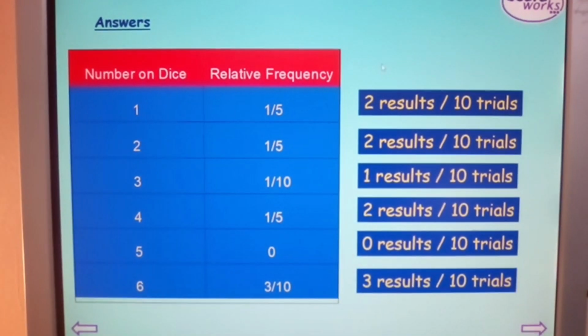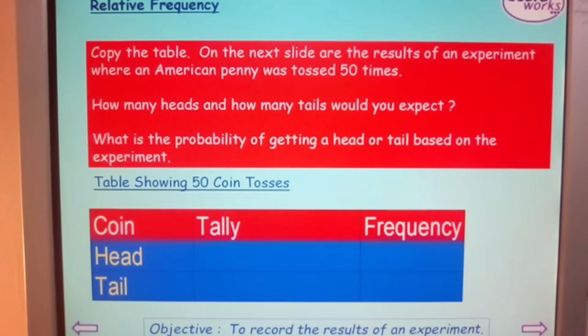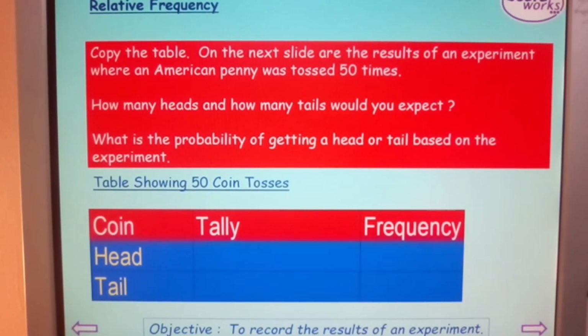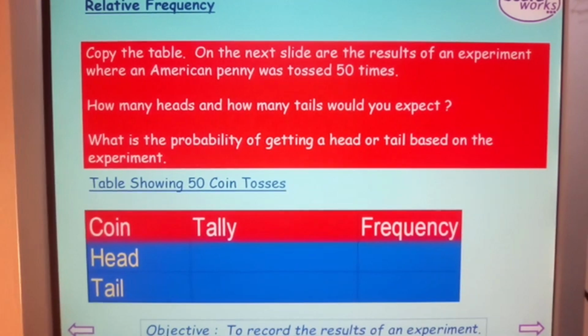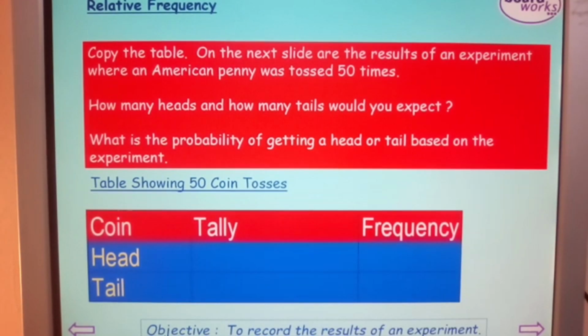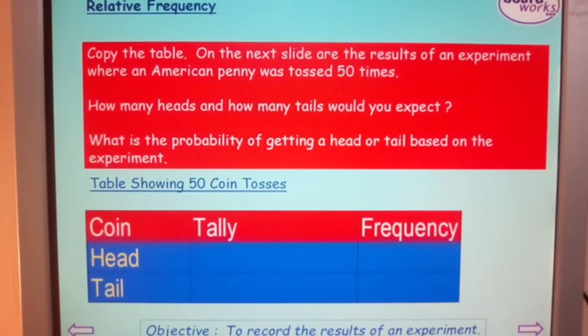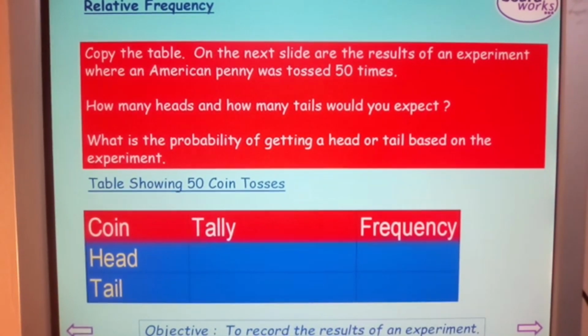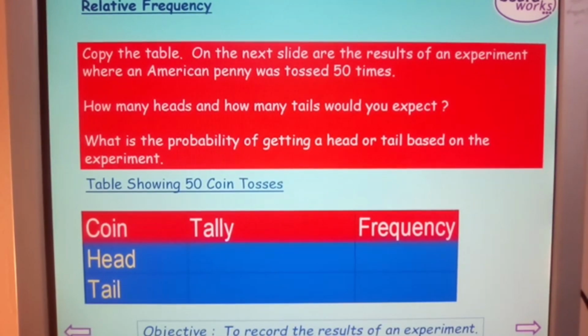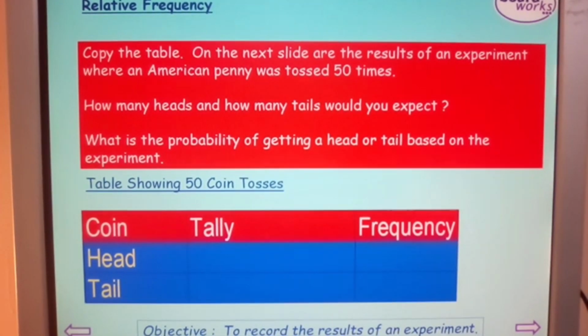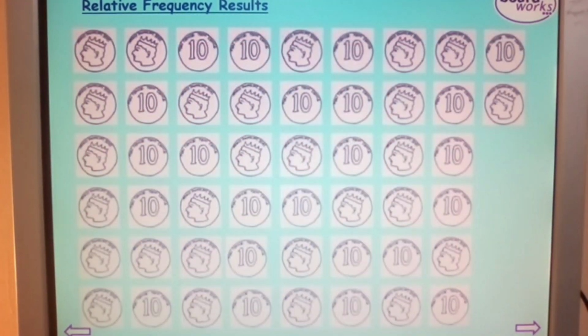Now, you can do this for yourself as an exercise if you wish to, okay? But it's just to provide you again with information, okay?